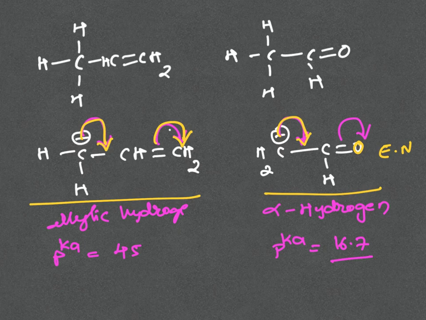So along with the formation of enolate, the oxygen also plays a role in the acidic strength of the carbonyl compound. Along with these two reasons, we have a third reason, that is the polar effect. Now we are moving into the third reason, the polar effect.